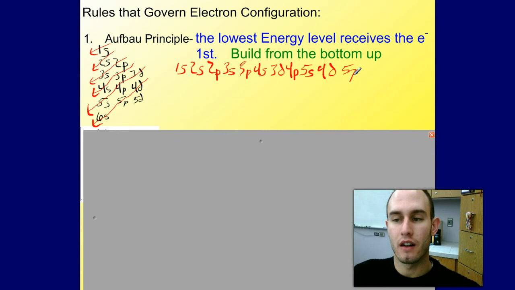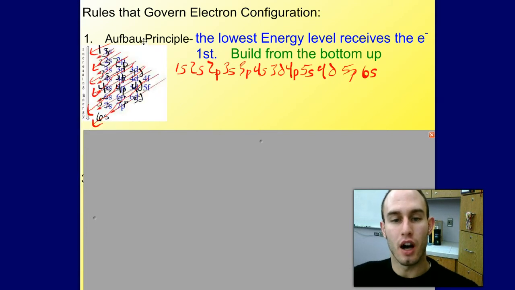And that's how you know the correct order to put your energy levels and each sublevel, and build from the bottom up. That's Aufbau's principle. Again, this matches up with our diagram, so we know the correct order to put those in.